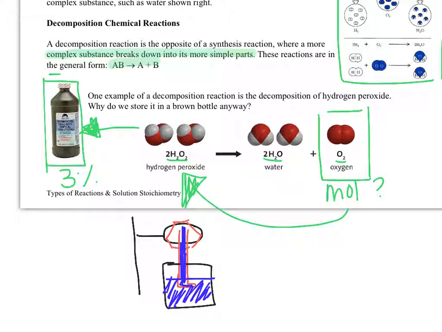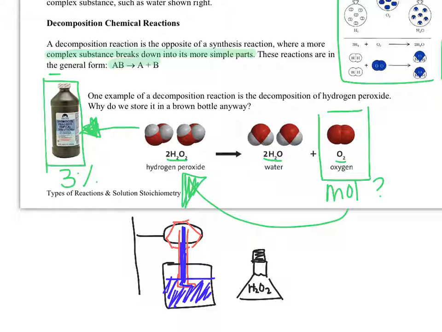The second part was the hydrogen peroxide itself. Over here in this other container, it had a stopper on it, and in our Erlenmeyer flask we added hydrogen peroxide. We added our solution of hydrogen peroxide from the bottle, and we added a catalyst for it to decompose very quickly.